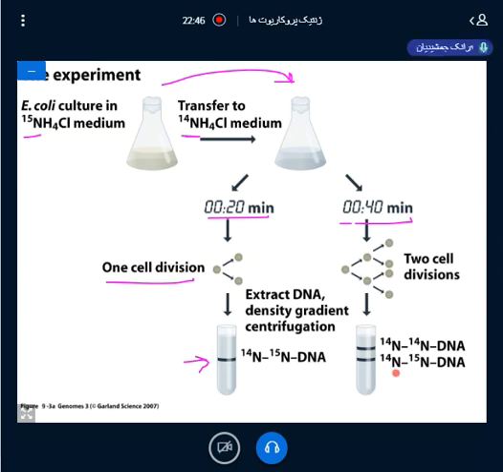What do you understand from this result? If anyone can tell me, I will give her or him a positive point. What do you understand from this result? I will give you positive points.